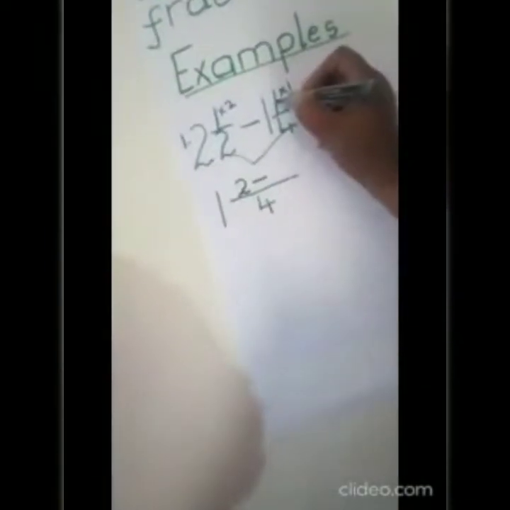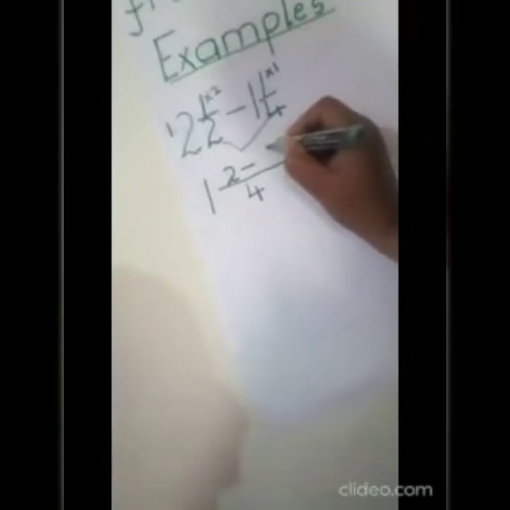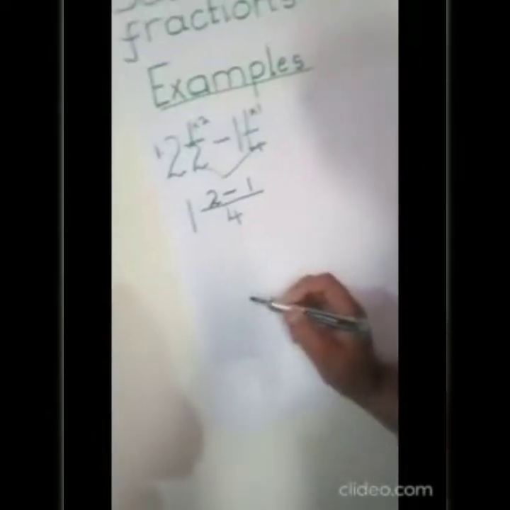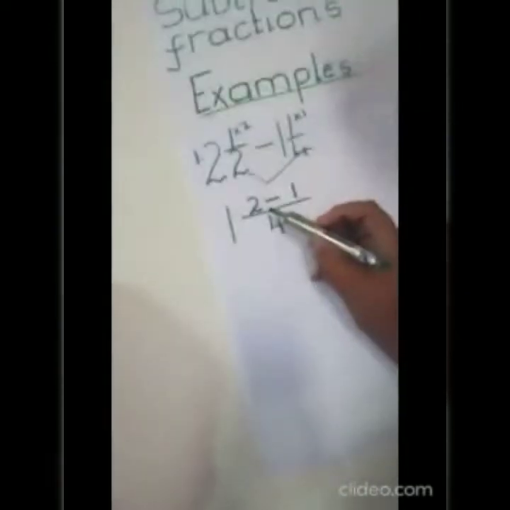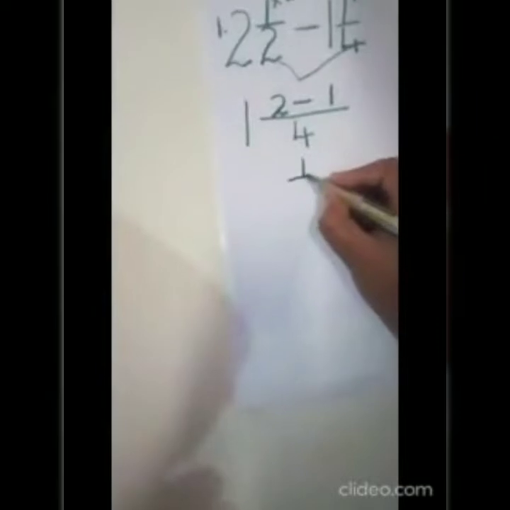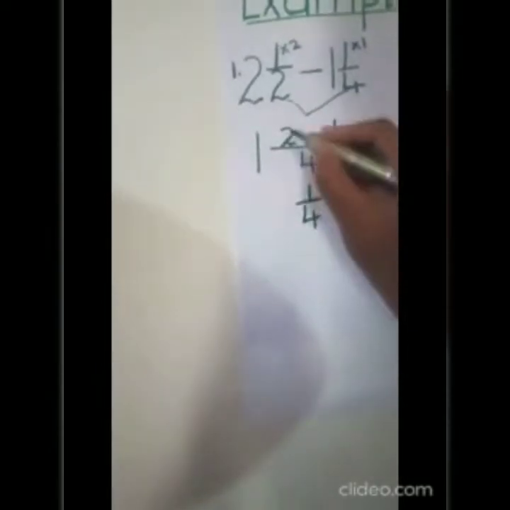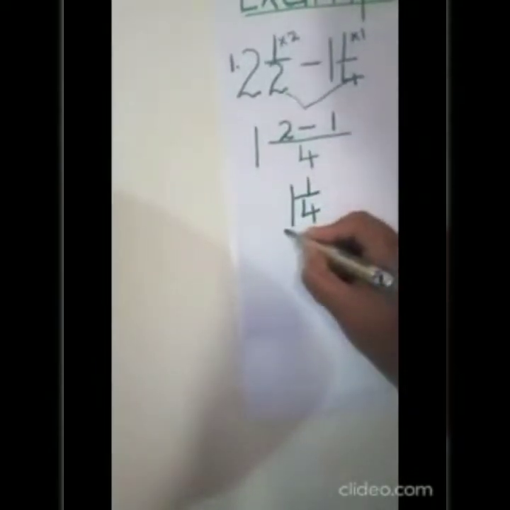Then we multiply 1 times 1, there is a 1. Then the next step, we subtract. We say 2 minus 1. We get 1. We put our denominator 4. We bring down the whole number 1. This is our answer for our first example.